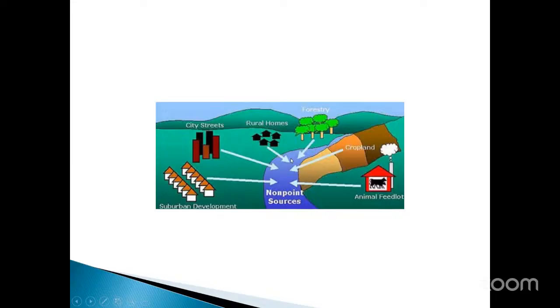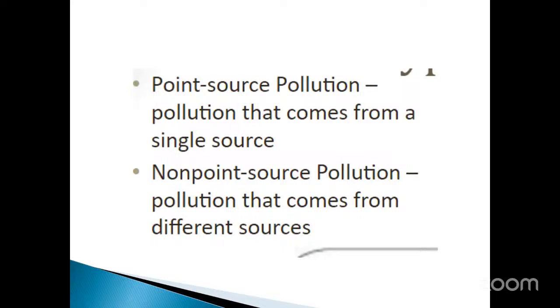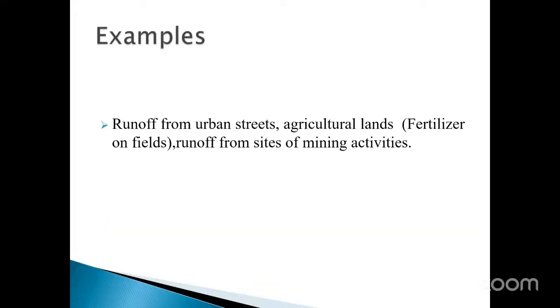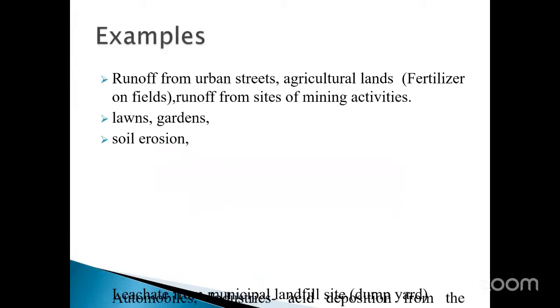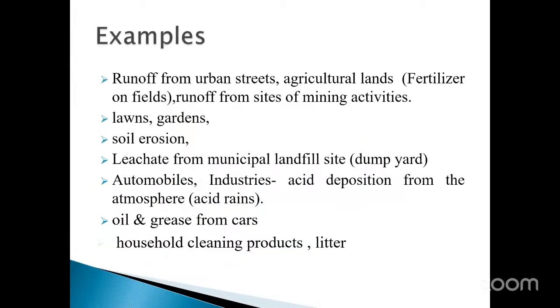So different areas, and finally it discharges into a nearby water body and causes pollution. So in these two sources of water pollution, the point source is identifiable and easy to control by installing a wastewater treatment plant, and for non-point sources, it is very difficult to identify the source and difficult to control. And we'll see the different examples of the non-point source.